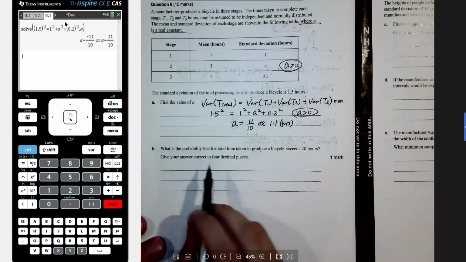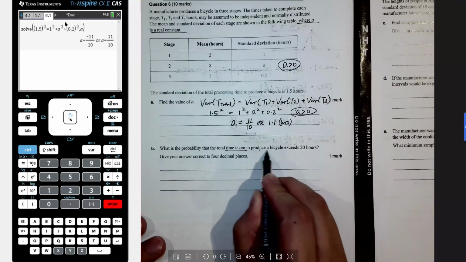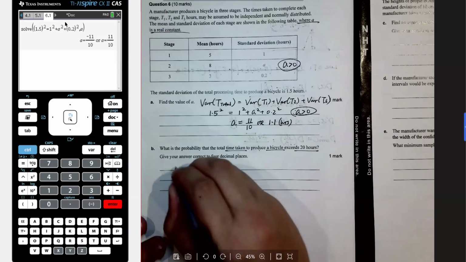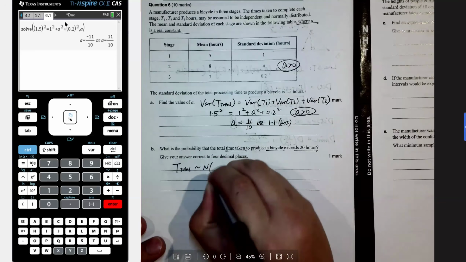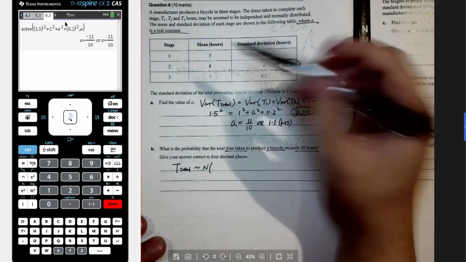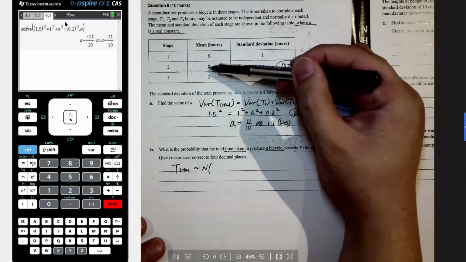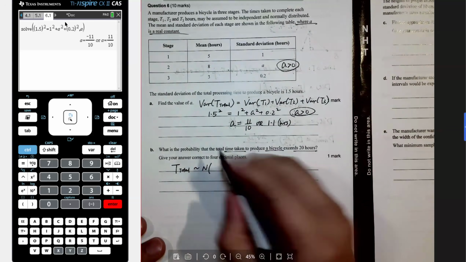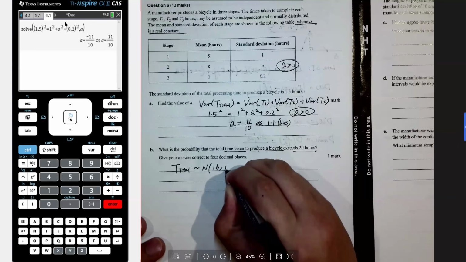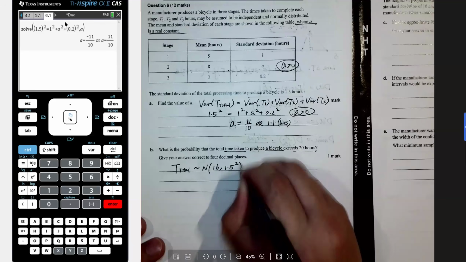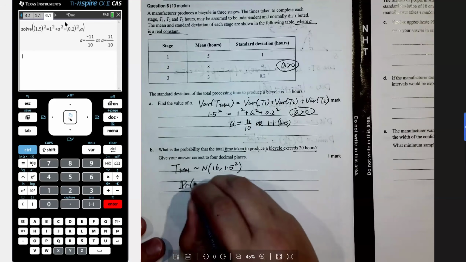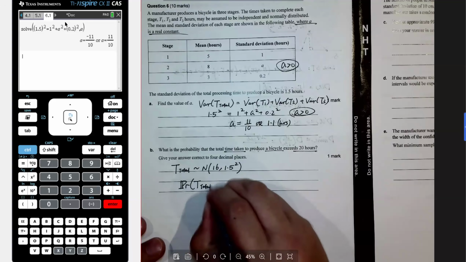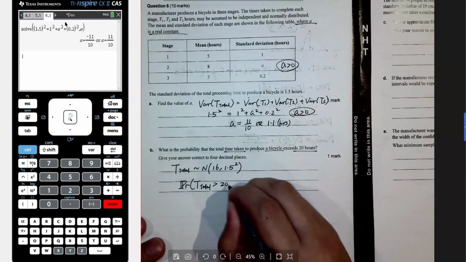What is the probability that the total time taken to produce a bicycle exceeds 20 hours? So T total is a normal distribution. The mean value is 5 plus 8 plus 3, that is 16. The combined variance is 1.5 squared. Therefore, I would like T total greater than 20 hours.